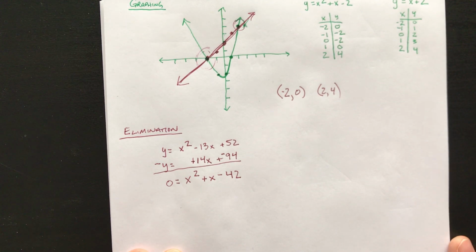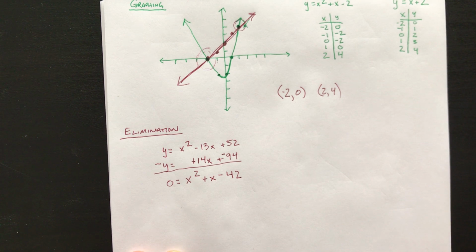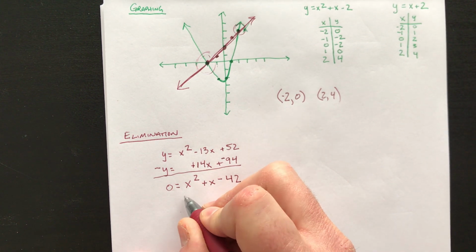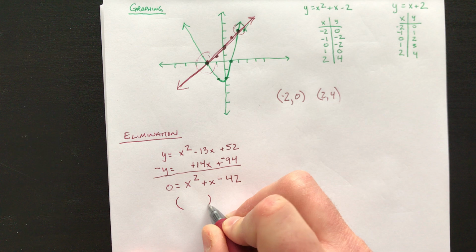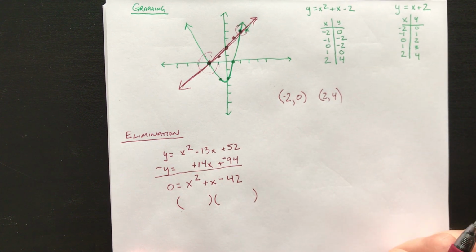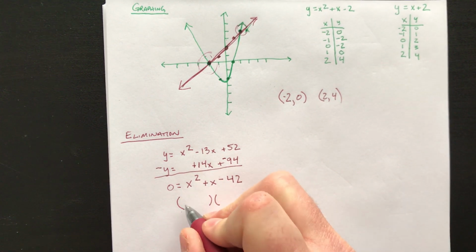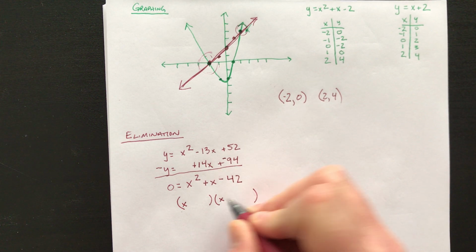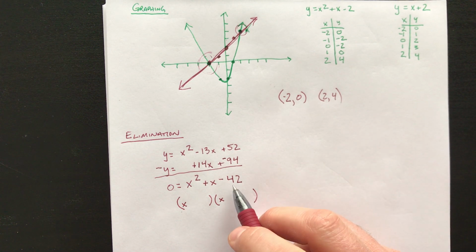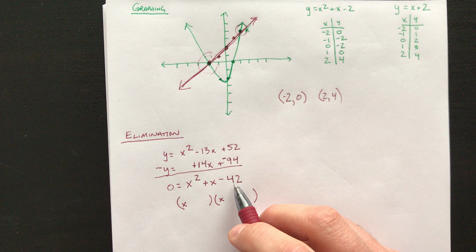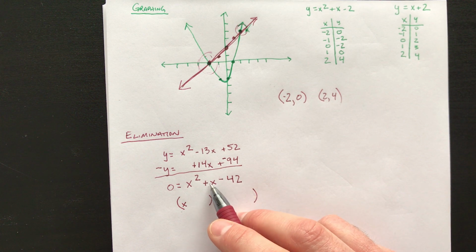Now, at this point, we solve based on factoring. So I'm going to factor this, remember? X here, X here. Multiples that will give you a negative 42, but when you add the numbers together, give you a 1.